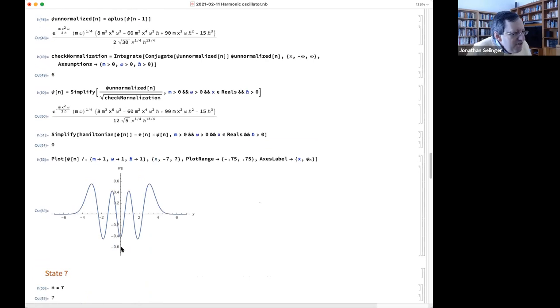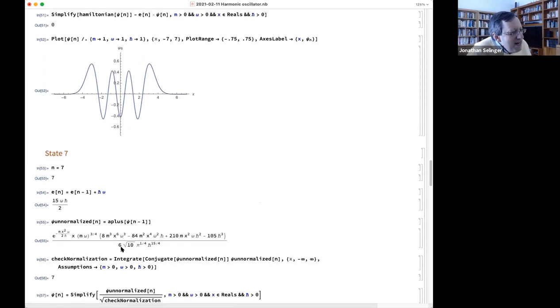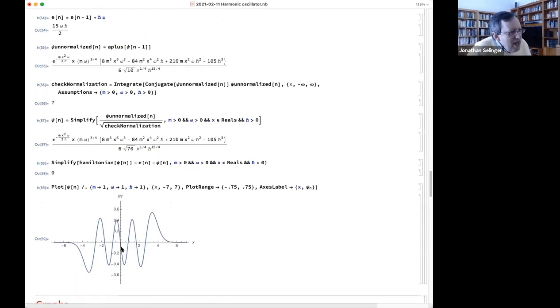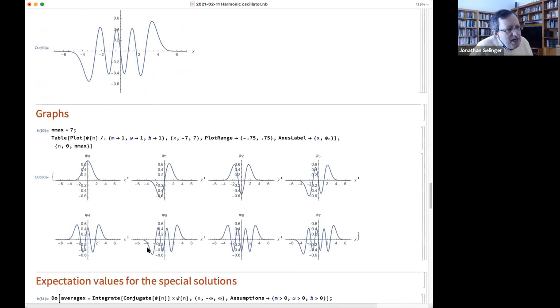And here's n equals 6. I think I went up to n equals 7. So with each step up the ladder, we go to a higher energy and we go to more and more nodes. So here's a summary of all the plots, to compare with each other.